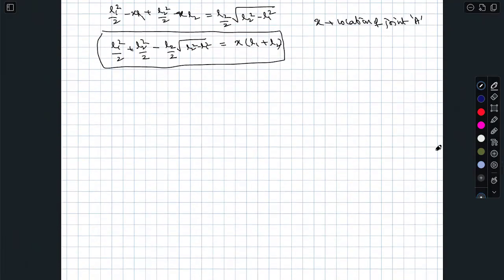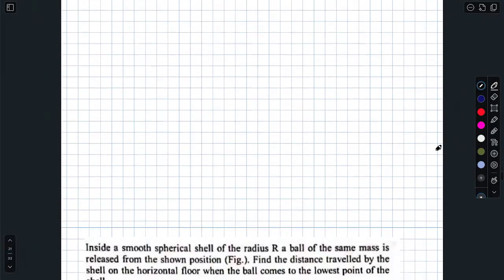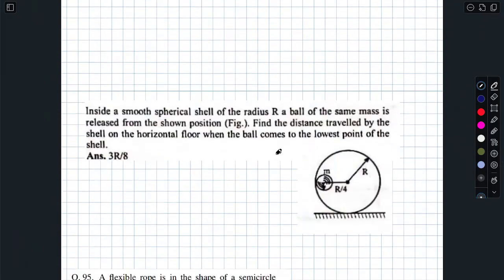Next, I think this is a repetition. I think you don't require this. I've done all this repetition.